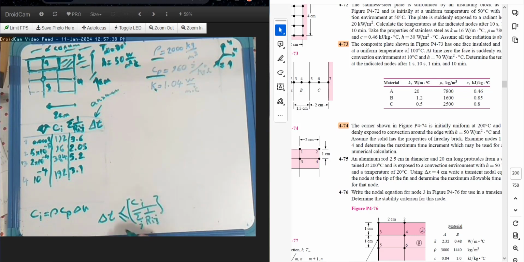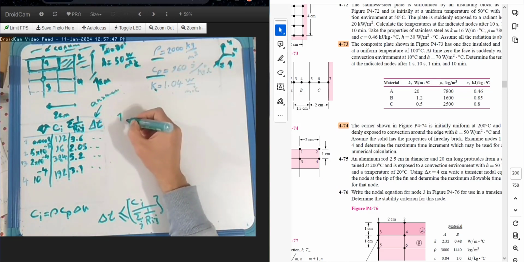So this would be the number. I put it here. Let us calculate it.